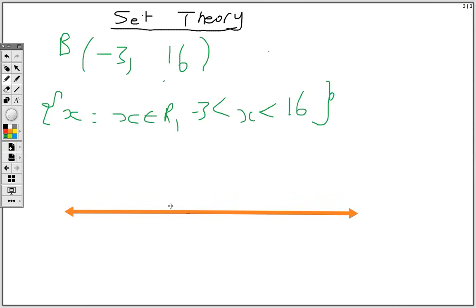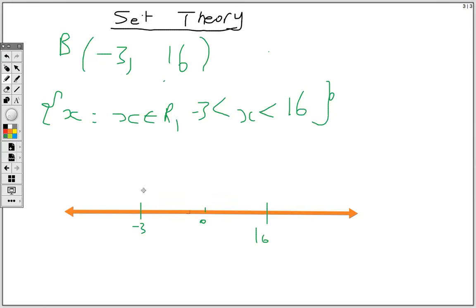Now, to represent this on the number line, we're going to have -3, then I'll have my 16, and again, the position is very important. We cannot have 16 over the negative side. Now, if you look at the inequality, both of them are open.